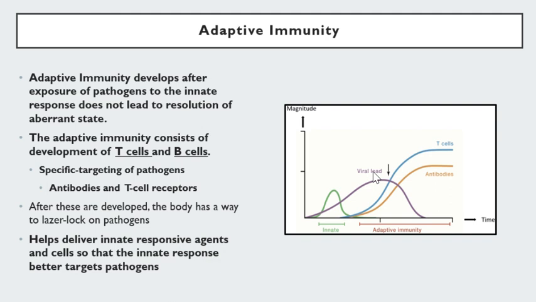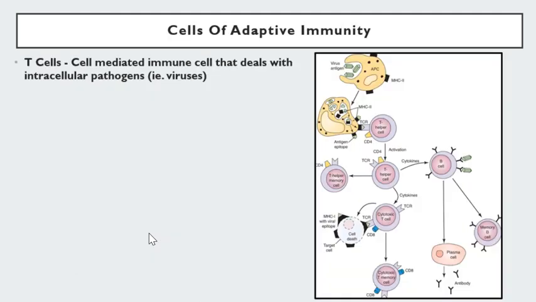But importantly, like we emphasized last class, you have these developed responses that target these things more specifically, but importantly, it doesn't eliminate anything. Antibodies don't kill anything in and of themselves. What it does is it recruits things that do kill them that are related to the innate arm. So you develop specific targeting of antigens, and it helps deliver innate responses in cells so that the innate responses better target pathogens, right?